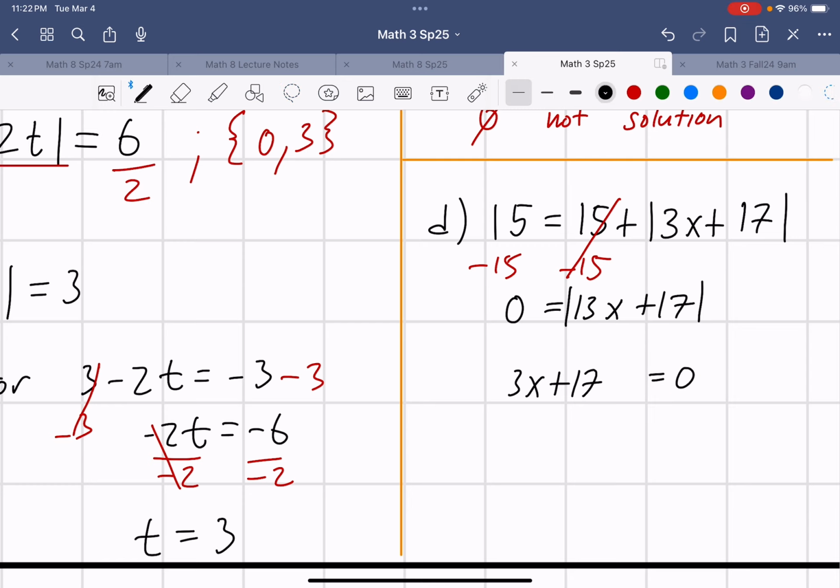I'm going to subtract 17 on both sides. Take care of the terms before the factors. So 17's cancel. 3x is equal to negative 17. I divide by 3.